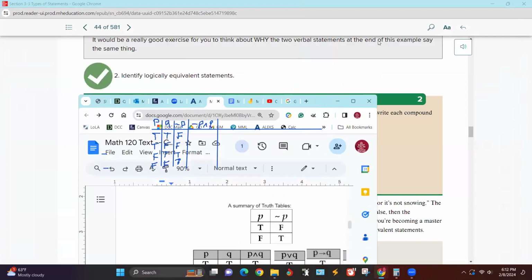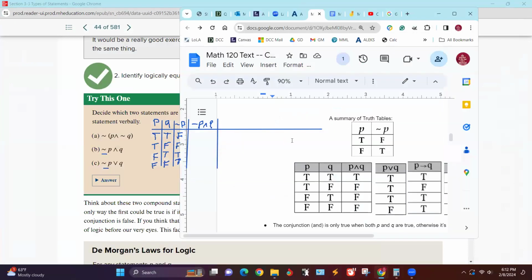For this one right here, look at that connective. That's what we're doing. That's this one here, okay? So I'm using the and rule on not P and Q, these two right next to one another.